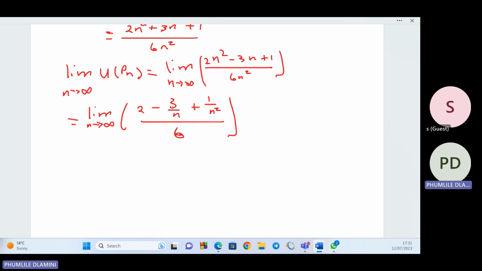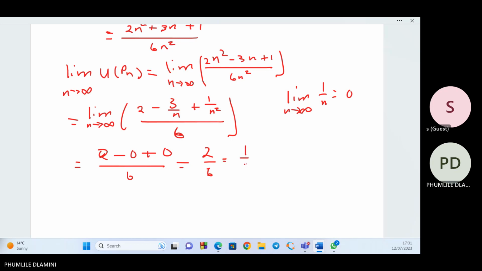So we know that the limit as n approaches infinity of 1 over n is equal to 0. So this is the same as 2 minus 0 plus 0 over 6. Therefore, 2 over 6 is equal to 1 over 3. So we got 1 over 3.